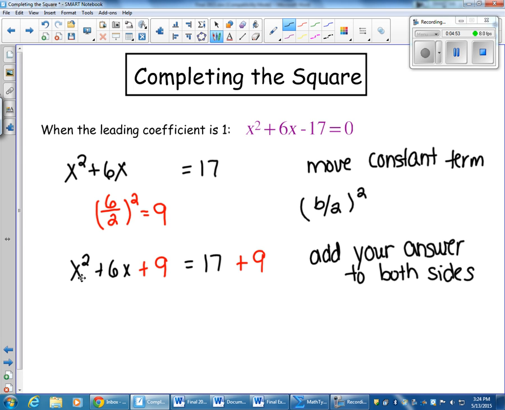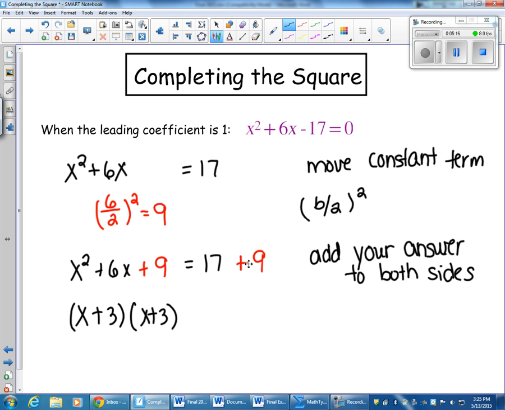Then on your left-hand side, this will reverse FOIL or factor to the same numbers. So x plus 3, x plus 3. If you don't get the same thing, something's wrong, because that's the point of this process.